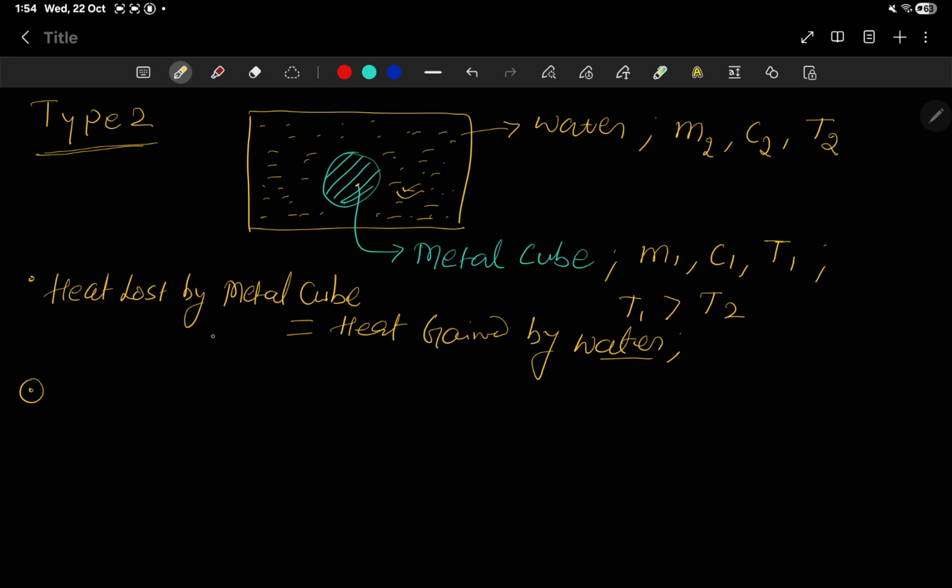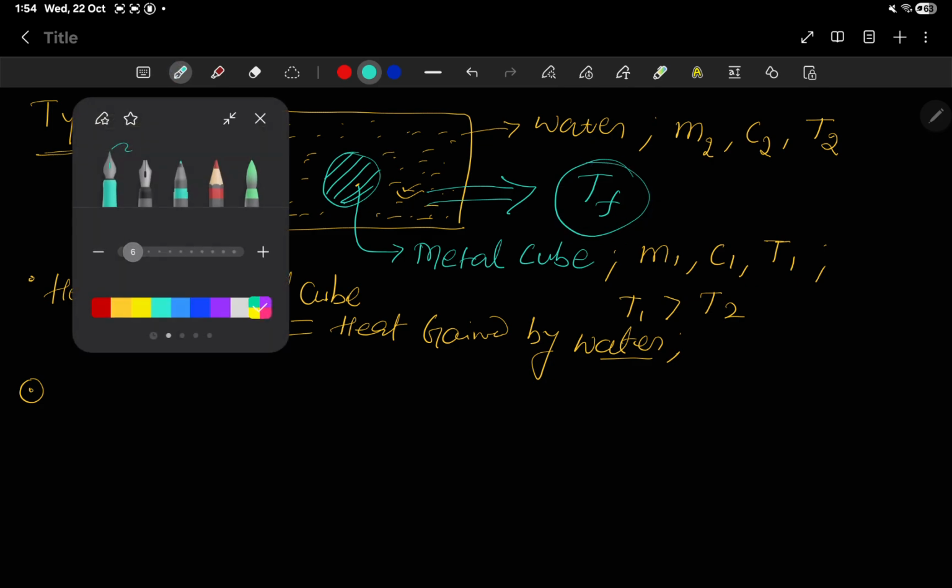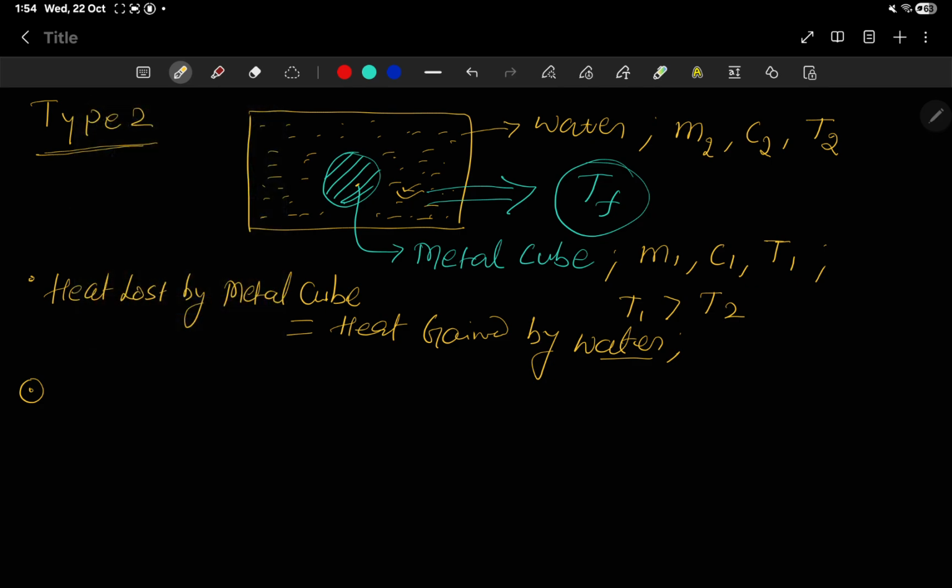When it achieves thermal equilibrium, the final temperature will be Tf. Now let's write the equation. The heat lost by the metal cube will be m1 c1 (T1 minus Tfinal) equals m2 c2 (Tfinal minus T2), which is the heat gained by water.